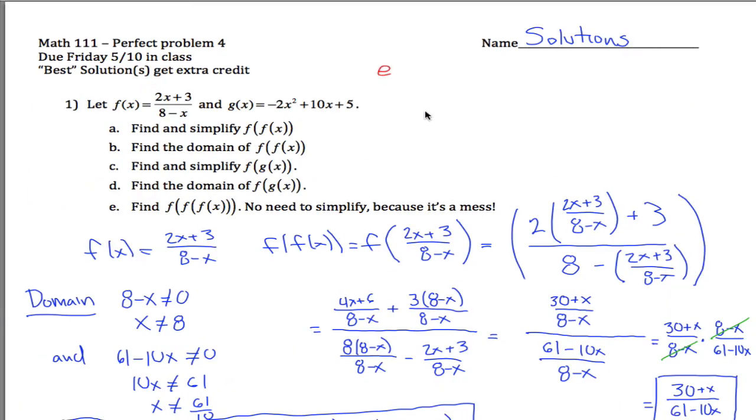Part E. f of g of x. Well, the way you do that is you'd say f of, instead of x here in the very middle, g of x is 2x plus 3 divided by 8 minus x.